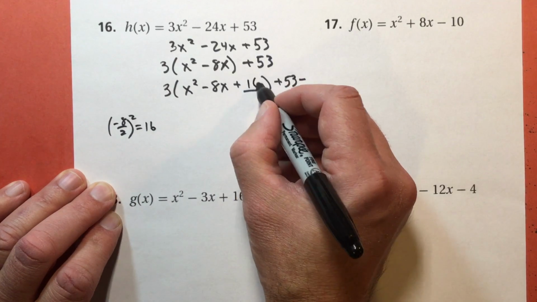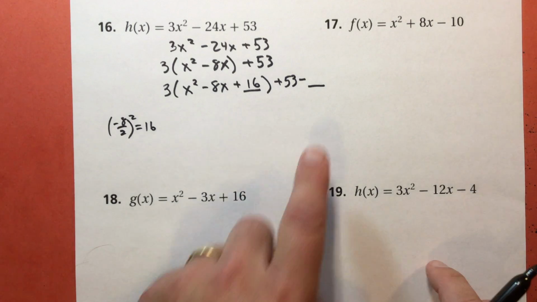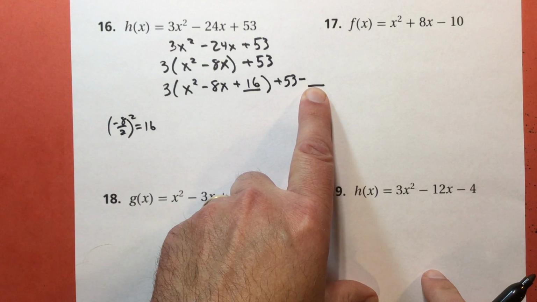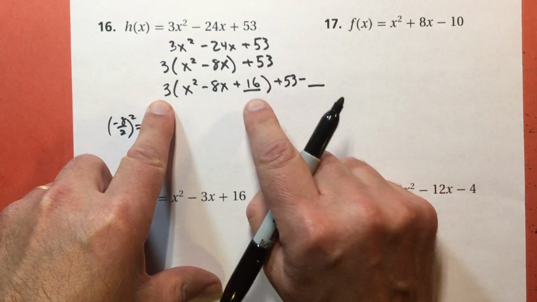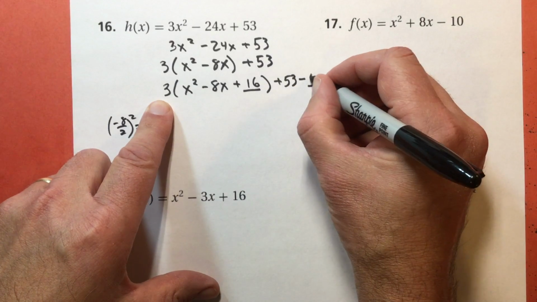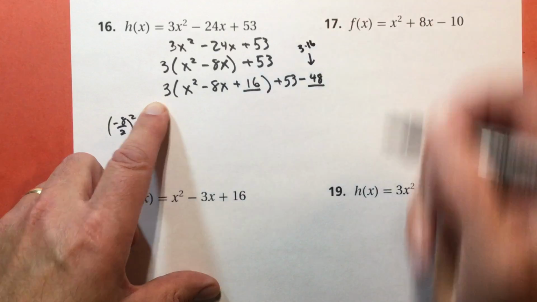So I'm going to put 16 right here. I hope not, but I'm almost certain I'm going to see people on the test put a subtract 16 here. What am I subtracting? I'm subtracting 3 times 16, which is 48.